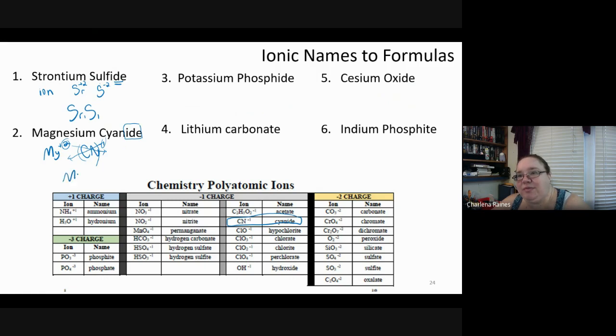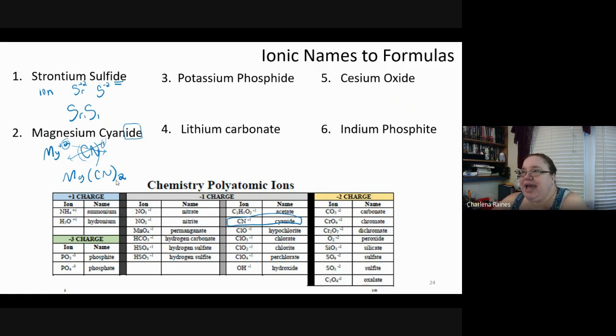That way, when I go to write my formula, I end up with my 1 magnesium and my 2 cyanides. It takes 2 -1s to balance out that +2. So for 2 cyanides, you've got to have the parentheses around that polyatomic because of that 2 outside. And yes, you could write that 1 beside my magnesium.